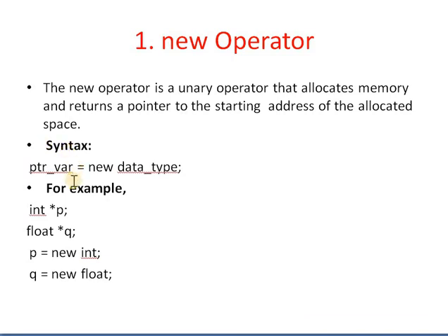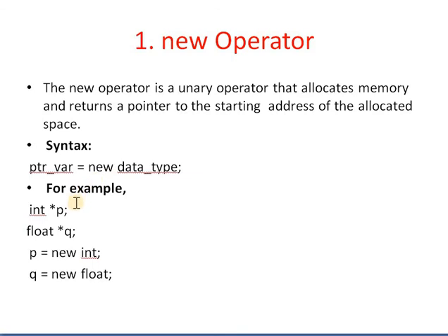Pointer variable is the name of the pointer variable, new is an operator, and data type defines the type of data. So in this syntax there are three parts. First is the ptr var, meaning pointer variable, which is the name of the pointer variable. New is the operator, and data type defines the type of data.